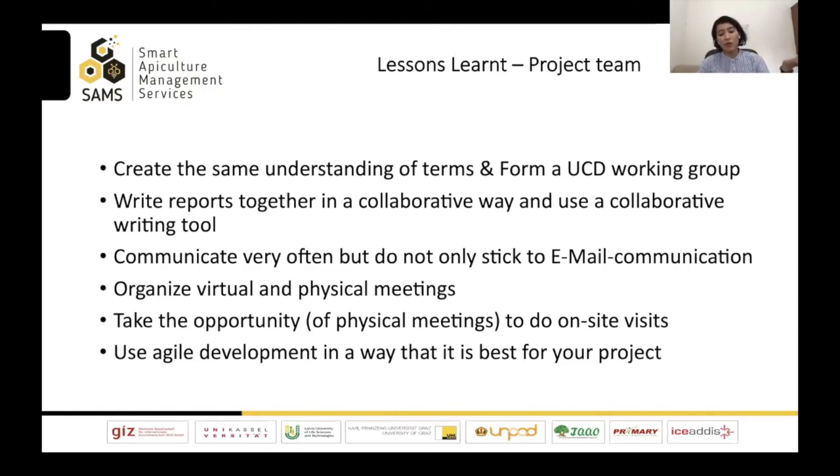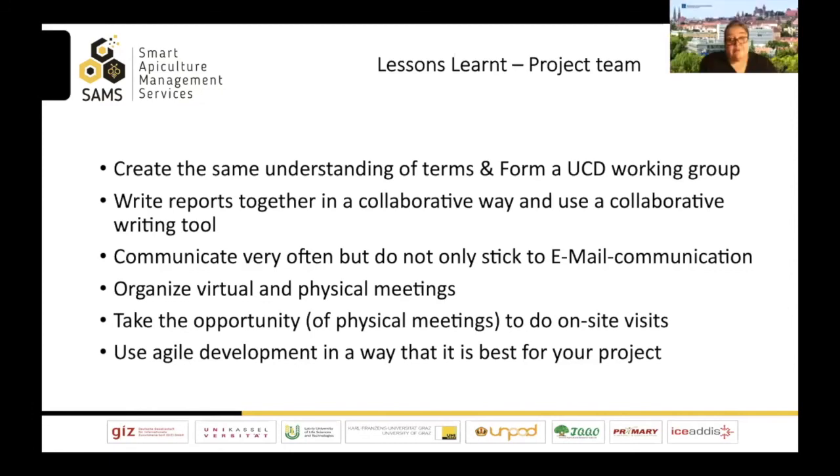So we are quite lucky to have had the opportunity last year to have the whole team come to Indonesia and go to the apiary site and see for themselves how the beekeepers do this and that. And this actually sparks more ideas, not only in the UCD team, but also in the technical teams. So now they understand more and they have ideas how to solve the beekeepers' problems or to help beekeepers do their beekeeping activity more effectively and efficiently.